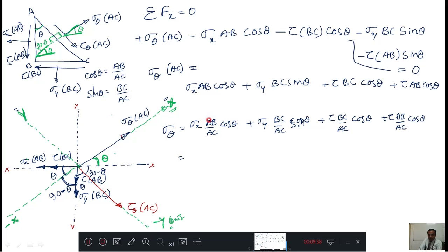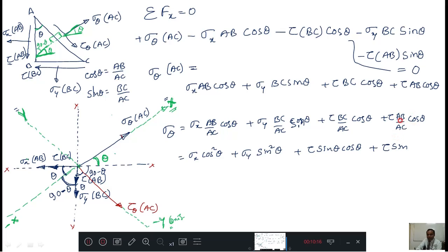Now AB by AC is cos theta, therefore sigma x cos square theta plus BC by AC is sin theta, therefore sigma y sin square theta plus tau BC by AC is sin theta, sorry, this is sin theta cos theta, plus tau AB by AC is again cos theta, sorry, sin theta.